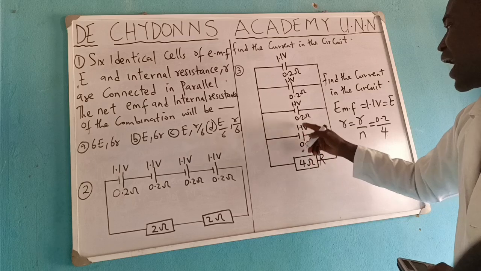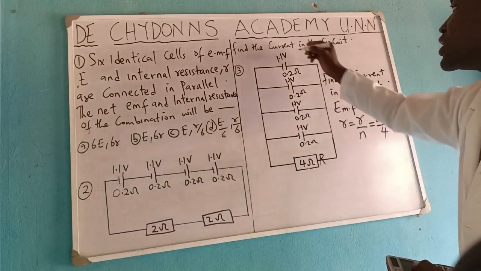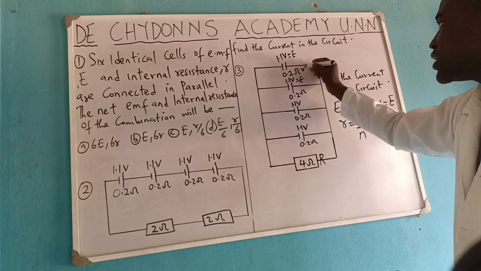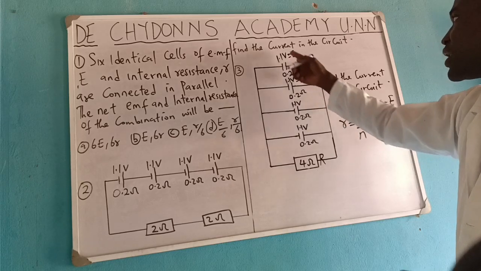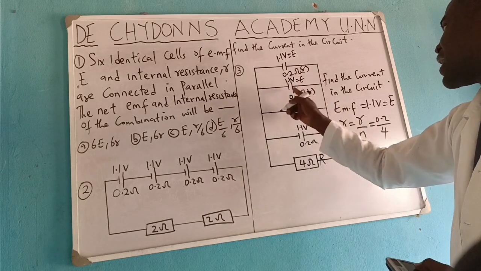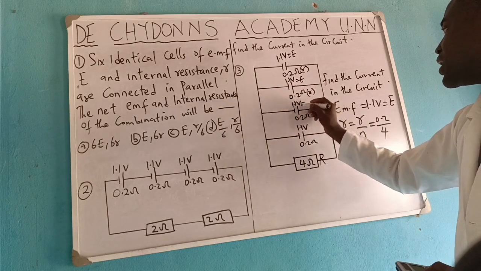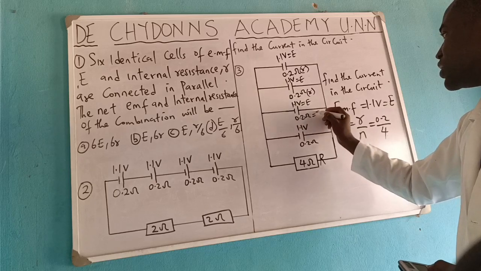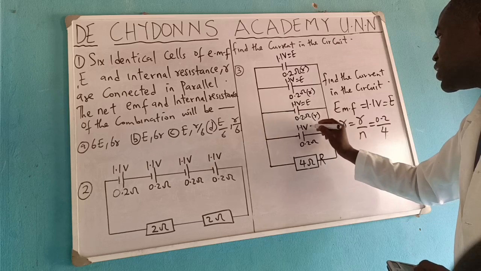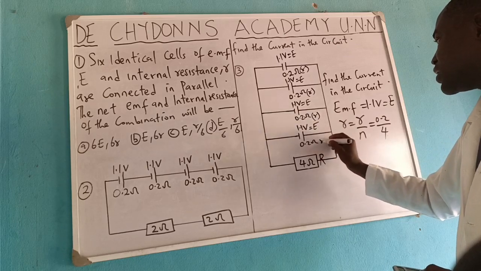The other ones here are the internal ones. So this is your E, the first E, second E, with the corresponding value of R, the internal resistor of this. Then this is E, this is R, this is E, and this is R.